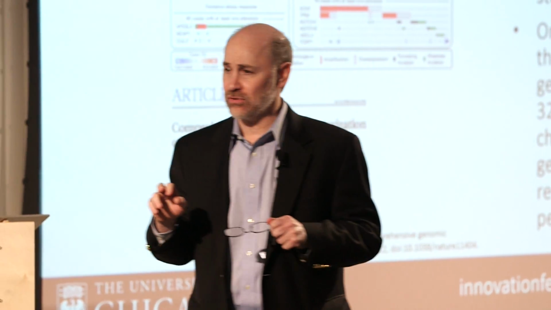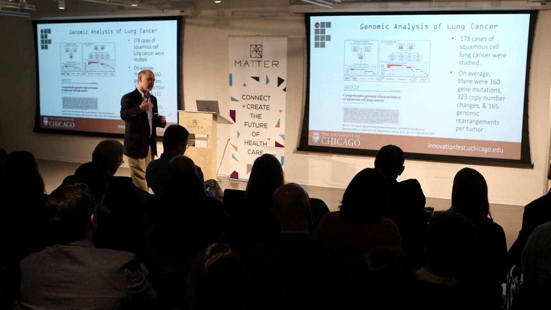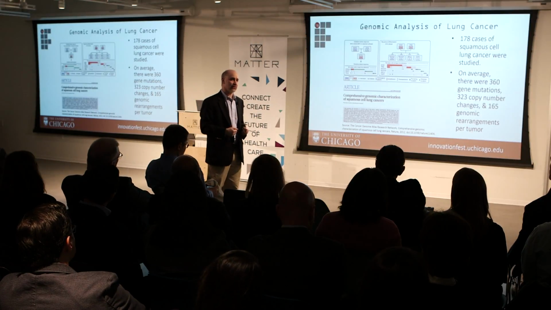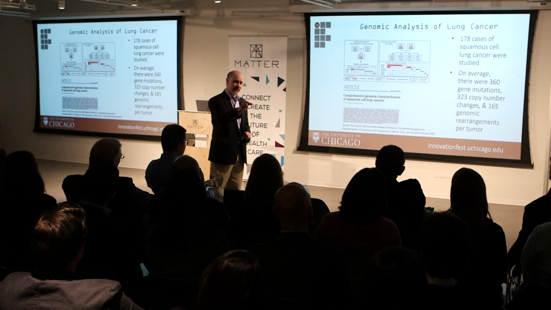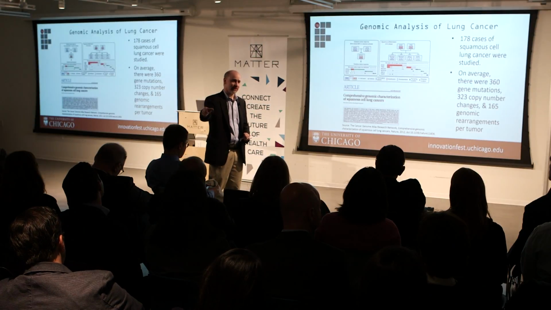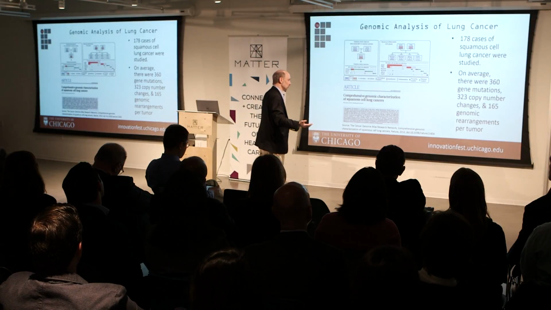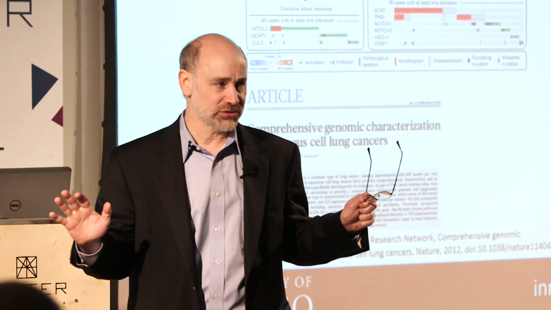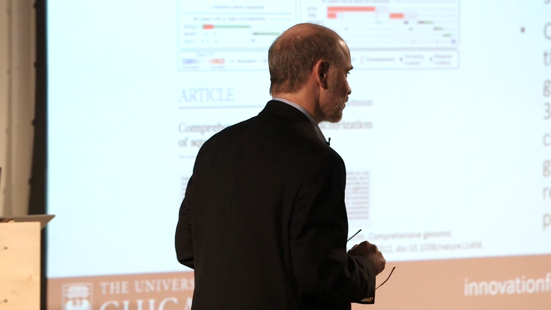The average number of what are called copy number variations, where a significant overexpression of a protein is present because you take a little piece of that DNA code and you replicate it multiple times, so you have multiple copies, there are over 320 copy number changes.